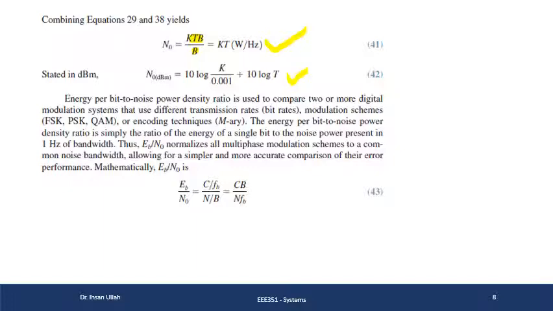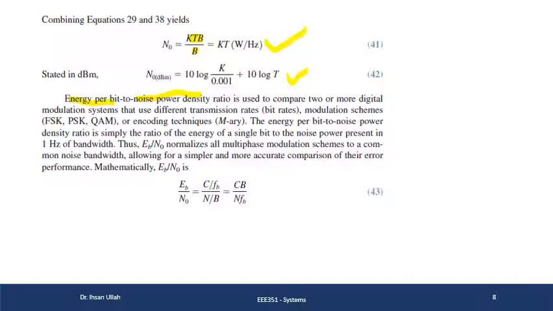So energy per bit to noise power density is also a useful quantity. That means it's a ratio of EB by N naught. It is used to compare two or more digital modulation systems that are using different transmission rates. EB by N naught is generally used when you are comparing two different modulation schemes which are transmitting at different data rates.